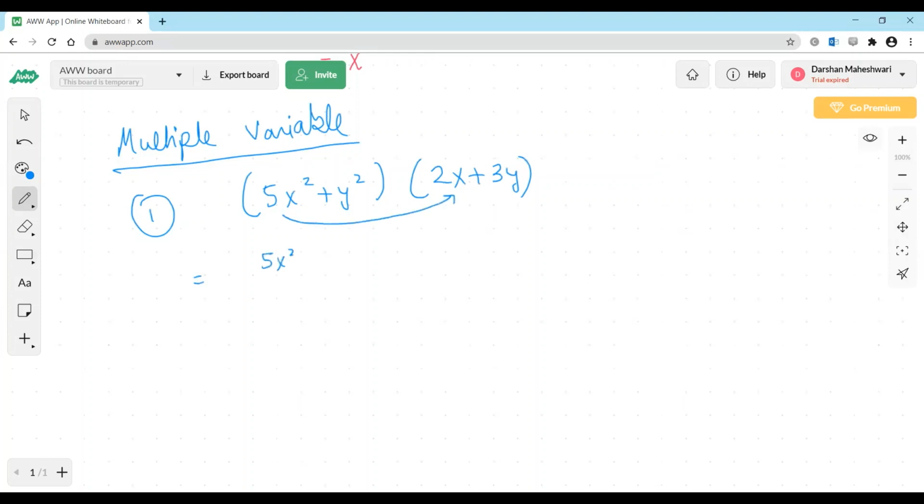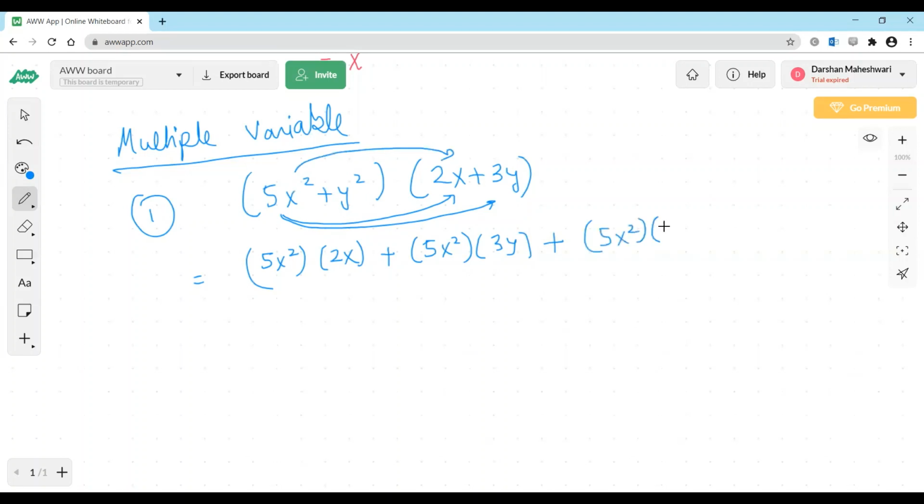First of all, 5x square times 2x, this is 1. Then we have 5x square times 3y. Then we have 5x square times 2x, and next we have 5x square times 3y.